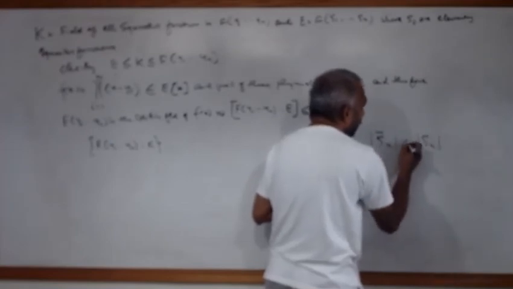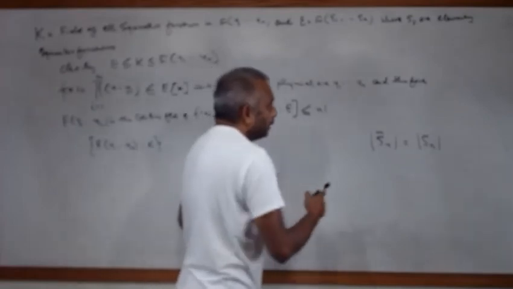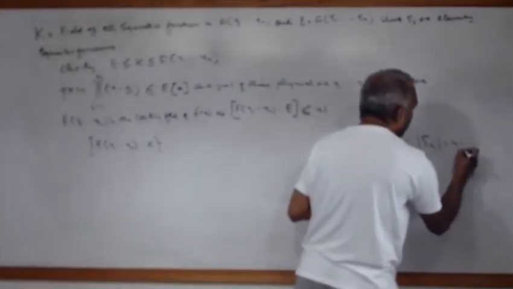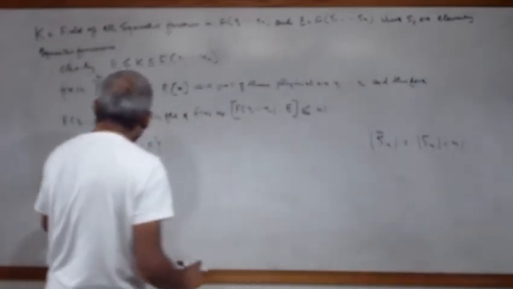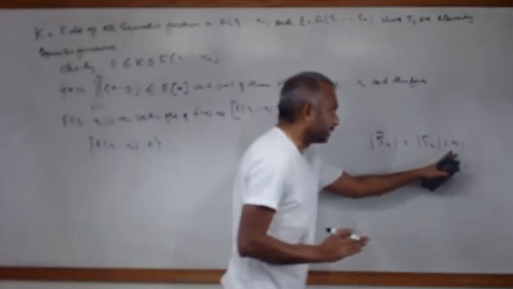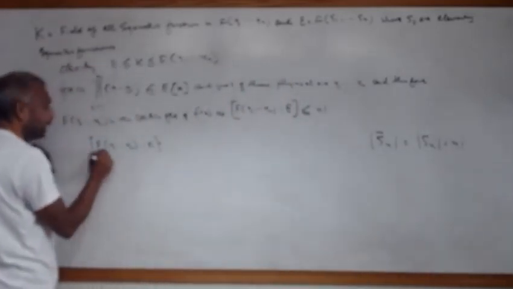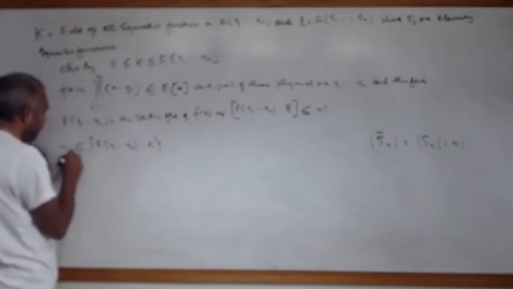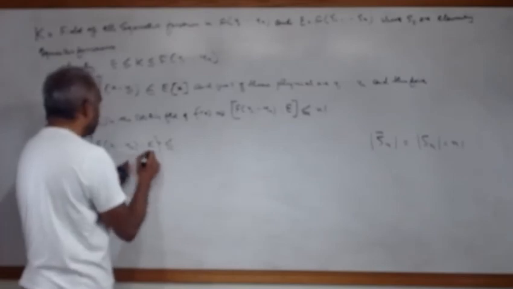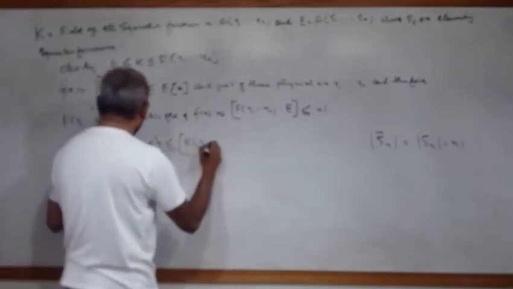So the order of that group is n factorial. But this has got more automorphisms than just this. So this is actually greater than or equal to n factorial. And this is always less than or equal to the degree for every finite extension.